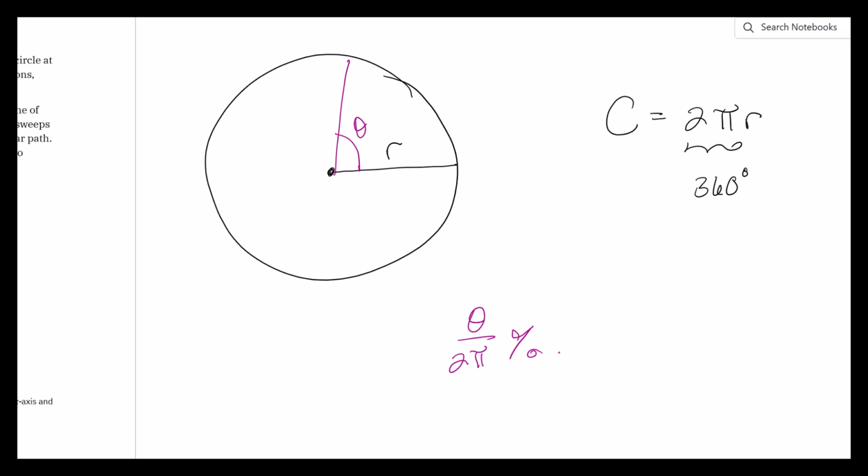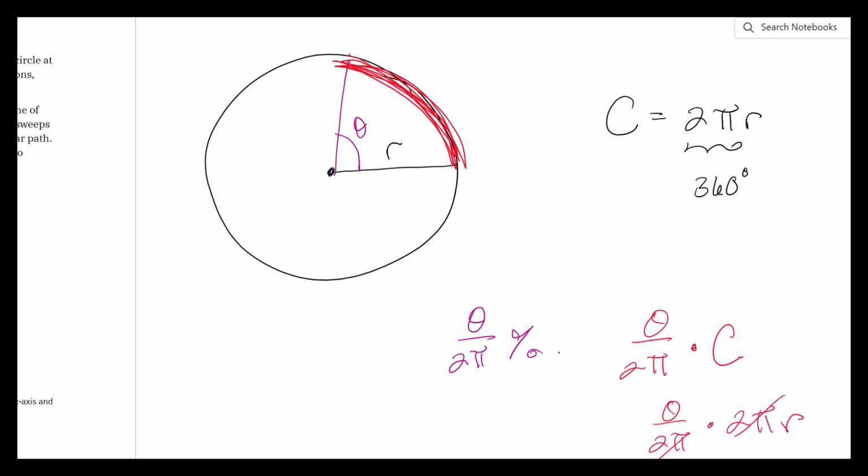And what that means is the arc length here is given by the percentage of the circumference. Like if I go through half of the 2 pi, then I get half the circumference. If I go through a quarter of the circle, I go through a quarter of the circumference. So theta over 2 pi times 2 pi r.